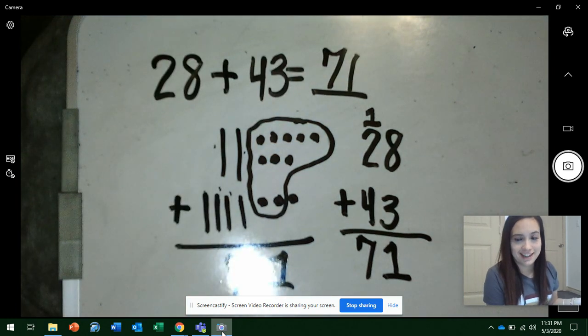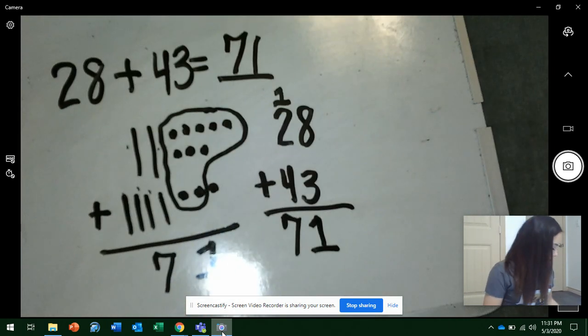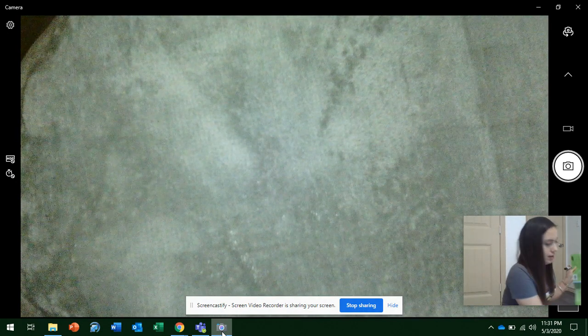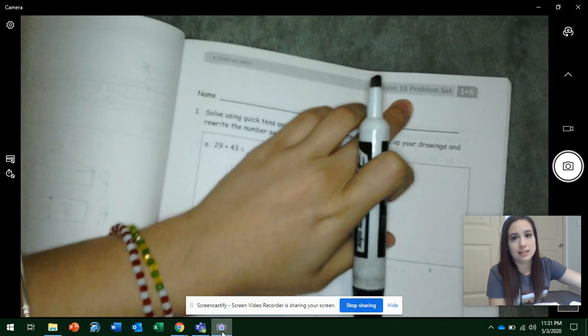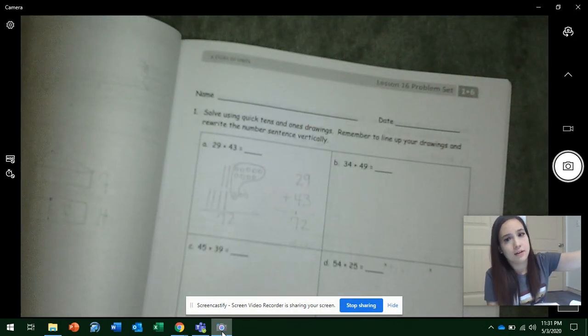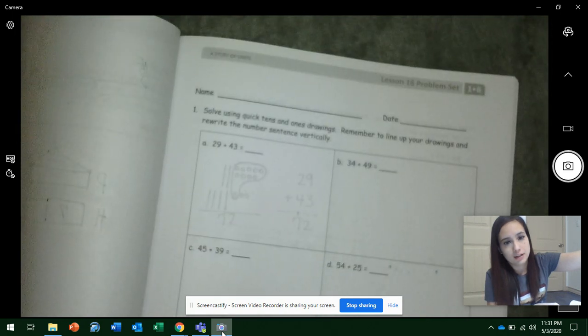So you see? Now, make sure that you have your green book out and that you have it open to your problem set. Make sure your problem says lesson 16 at the top. Let me see if I can make it a little bit more clear. It looks like it wants to, but then it doesn't.